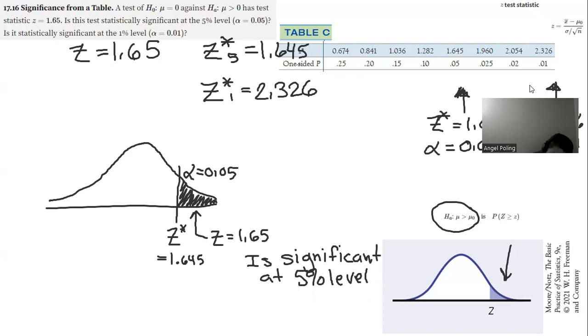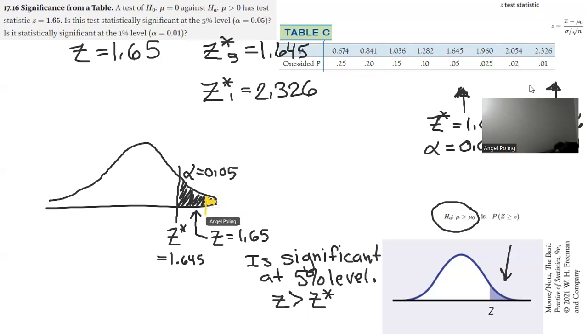Okay. Now, we could say Z is more extreme than Z-star. Now, the 2.326, however, we have a critical region that's just over here.